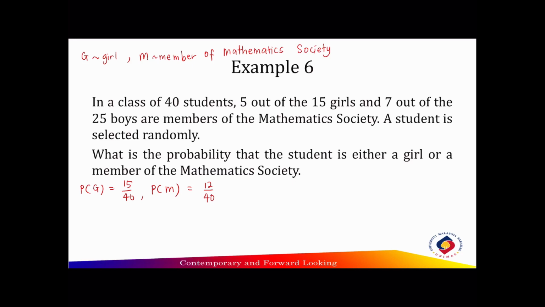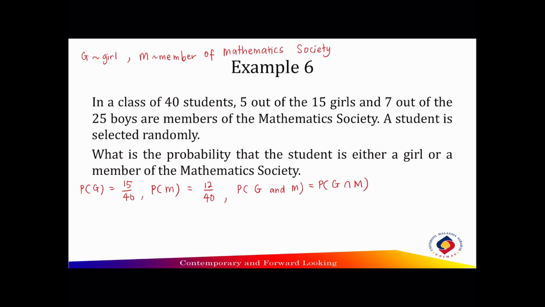And then the last info that we need is the probability of a girl and also a member of the mathematics society, which is P(G intercept M), or the intersection.